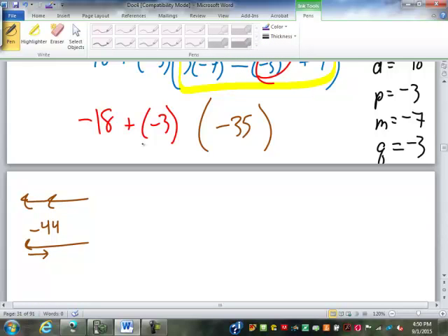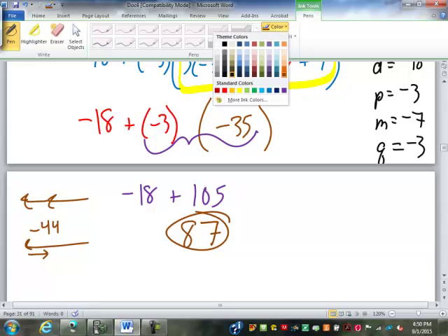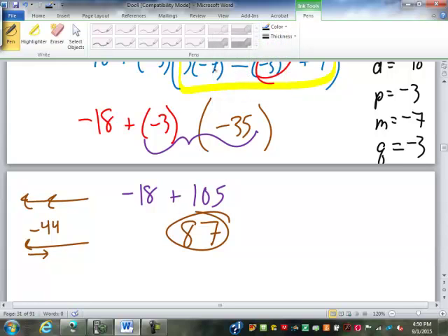So now we have the negative 3 times negative 35, which will be a positive 105. So negative 18 plus 105 is 87. Questions here? Let's let you try one just for fun.